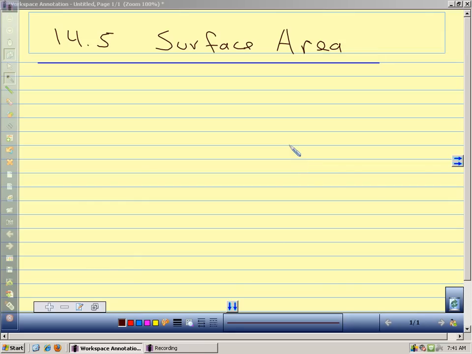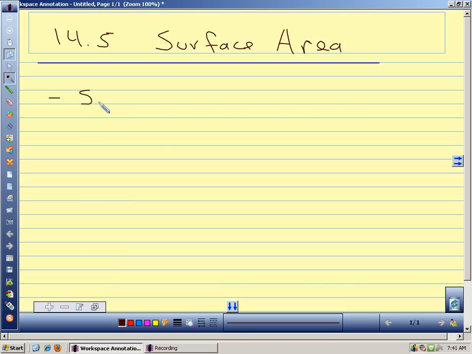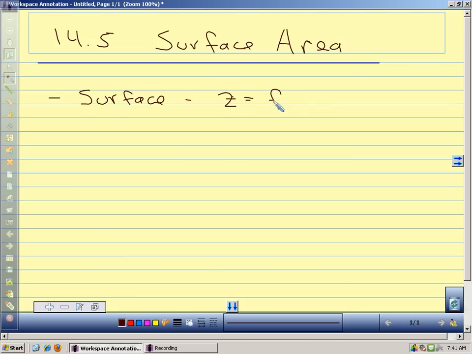We're going to talk about surface area today, using double integrals to find surface area. So we're starting with a surface. Our surface is z equals some function of x and y.